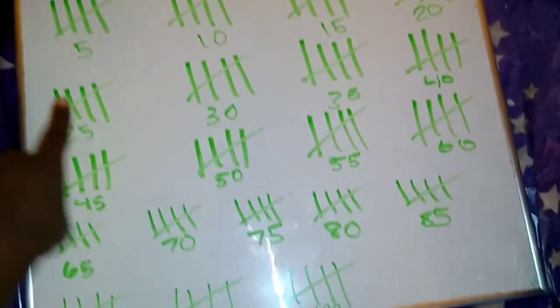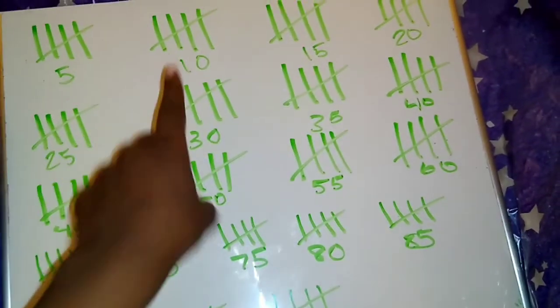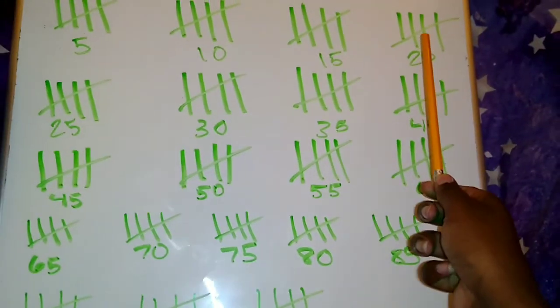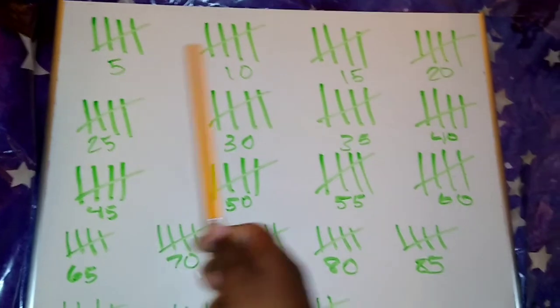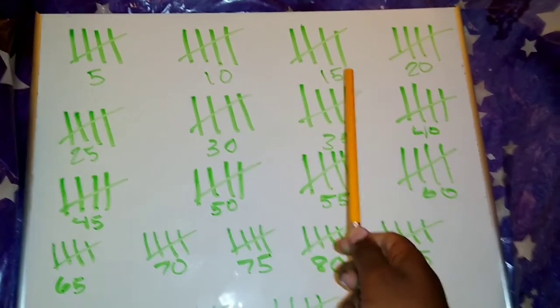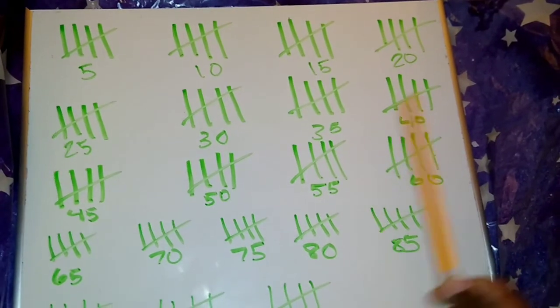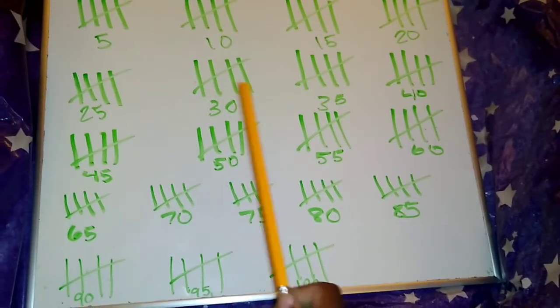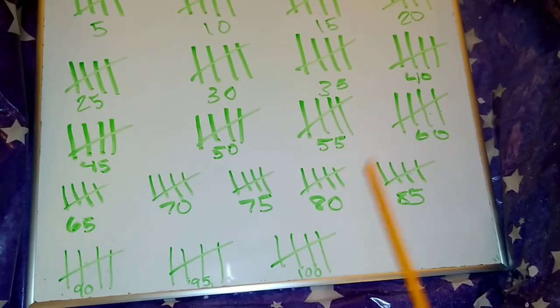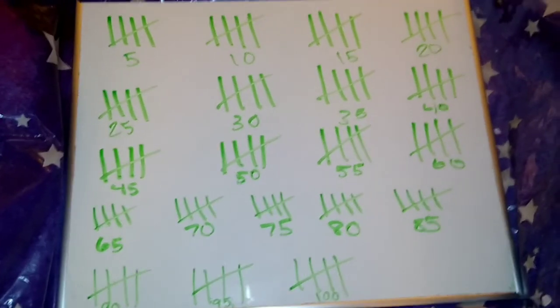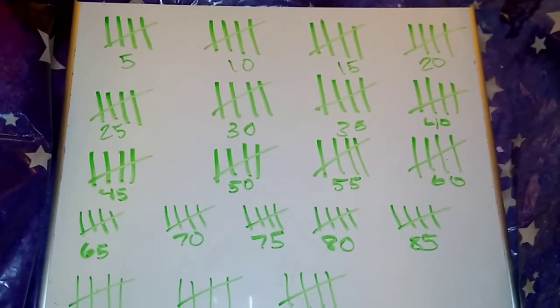Yes? 5, 10, 15, 20, 25, 30, 35, 40, 45, 50, 55, 60, 65, 70, 75, 80, 85, 90, 95, 100. All right, so that's how you count by 5s.